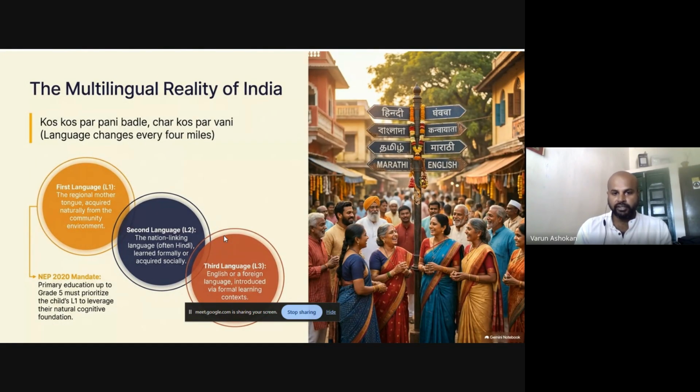Here in India, we learn a third language like English as a foreign language, and this is learned in a very formal setup. Our policy NEP 2020 also emphasized that primary education, up to grade 5, must prioritize the child's home language. We are also using the terms R1, R2, R3, which are slightly different from L1, L2 and L3.